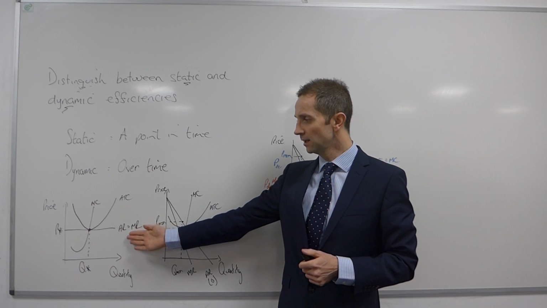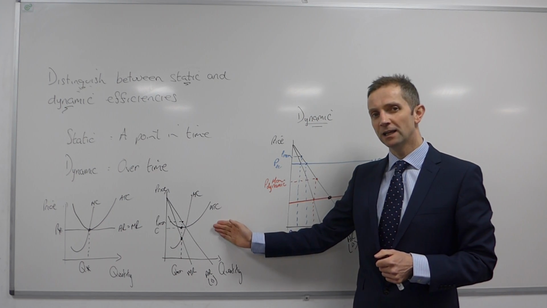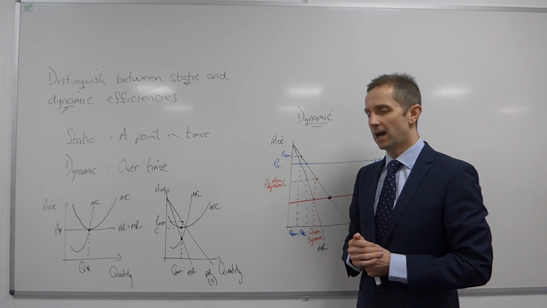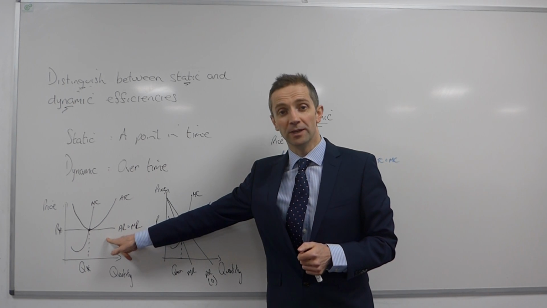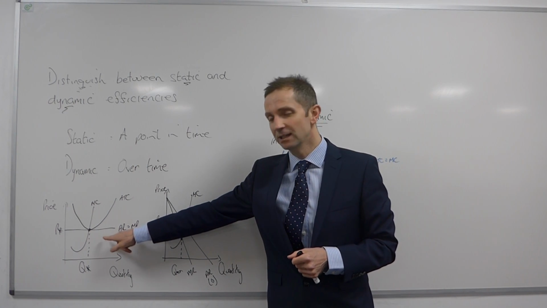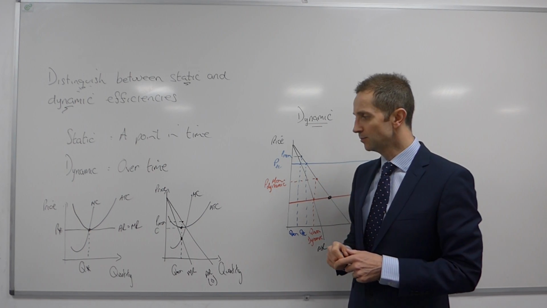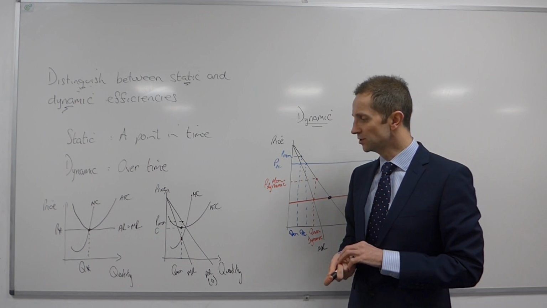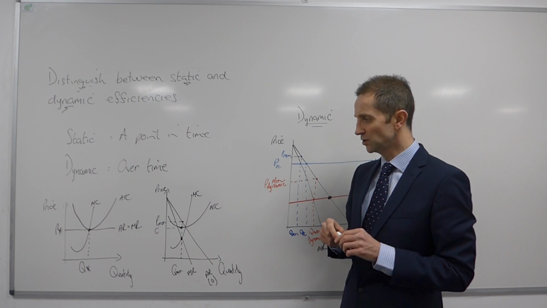So here we have the long run, perfectly competitive market structure. And here we have the long run monopoly. You can see quite clearly, I hope, that the perfectly competitive firm is making normal profit and the monopolist is making abnormal profit. But the key point here is the whole notion of efficiencies, comparing these efficiencies.